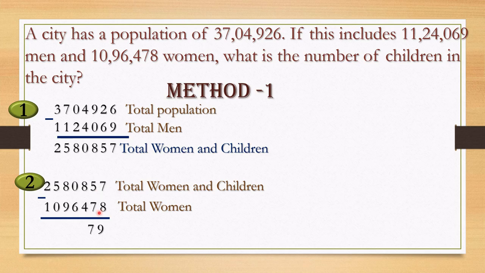So 14 minus 7, that is 7. Then 7 minus 4, that is 3. Then 0 minus 6, not possible. So it borrows from 8. So 10 minus 6, that is 4. Then 7 minus 9. So again it borrows from 5 and it becomes 17 minus 9, that is 8. Here 4 minus 0, 4. Right? And 2 minus 1, that is 1. This is nothing but the number of children in that city. Correct? What is the answer here?